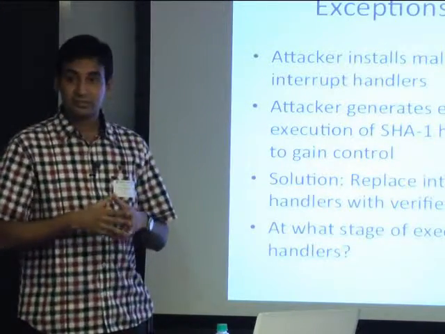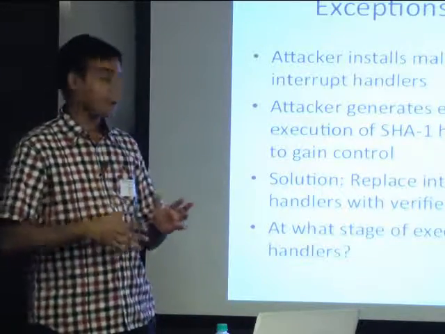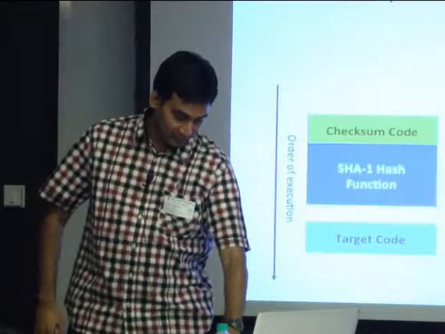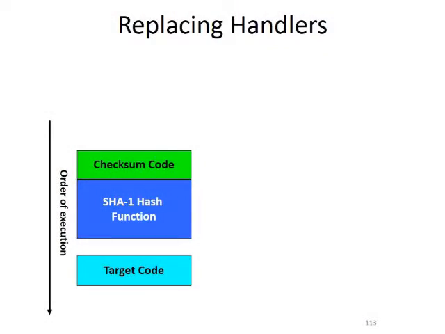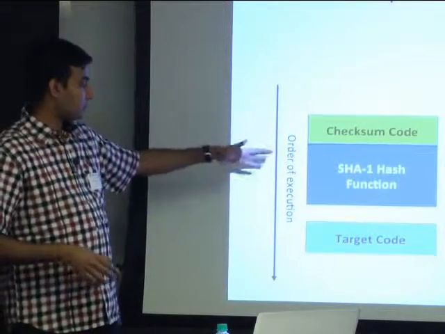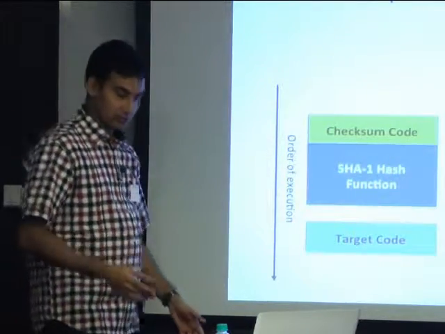The harder question is, at what stage of the execution of this verification process do we actually replace these interrupt and exception handlers? So you've seen this picture earlier. The order of execution is the checksum code goes first, does the checksum computation, passes control to the hash function, which computes the hash, and then passes control to target code for execution, right?